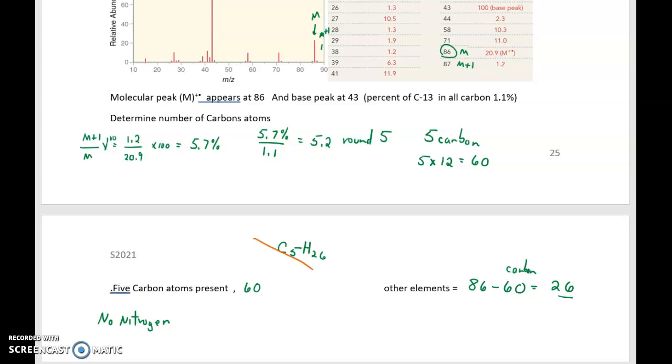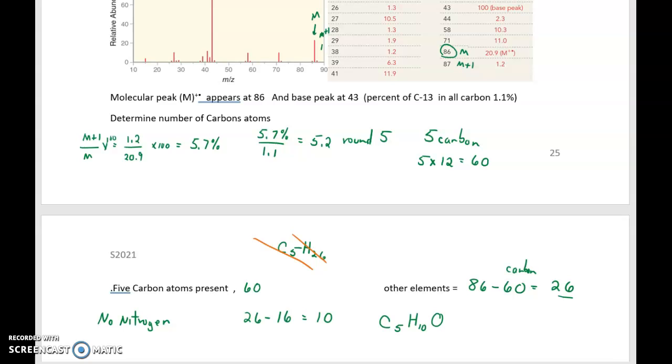That won't work. So let's put an oxygen on here. Let's assume that we have 26 mass units left. Let's subtract off an oxygen, and that'll leave us with 10. So our compound is going to be carbon 5, 10 hydrogens and 1 oxygen, and that's our formula.